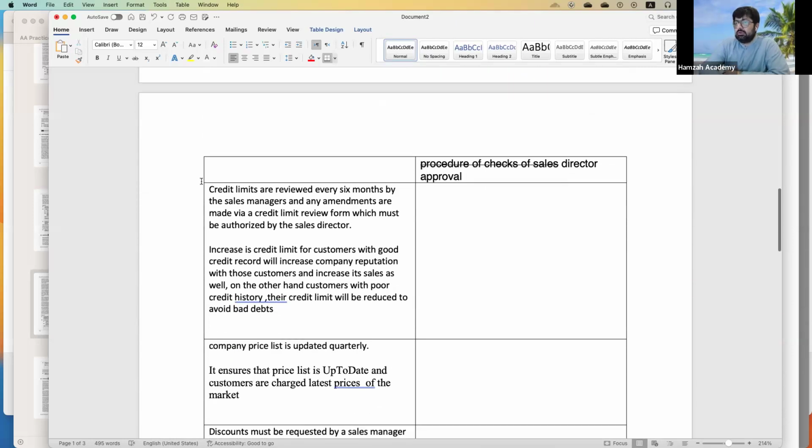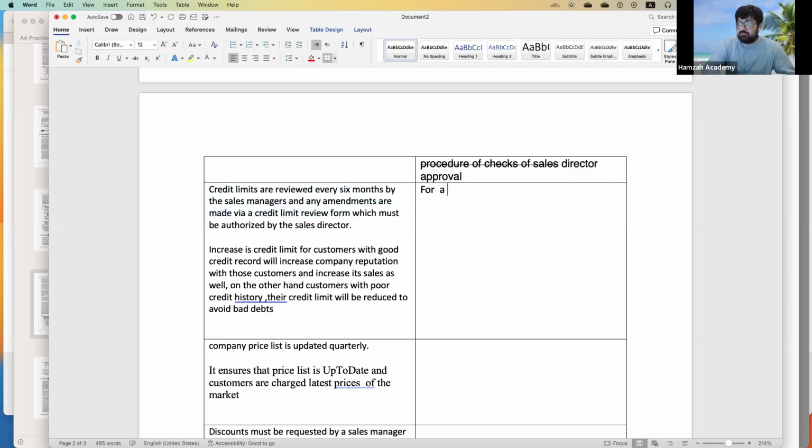Come here. So credit limits are reviewed every 6 months. Okay. And any amendment made via a credit review form, which must be authorized by the sales directors.